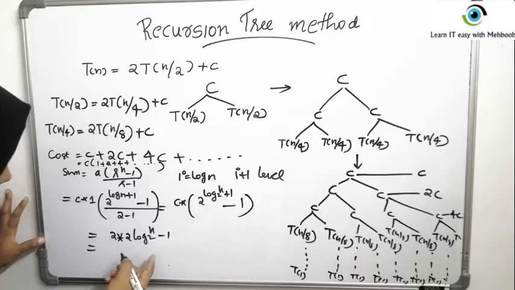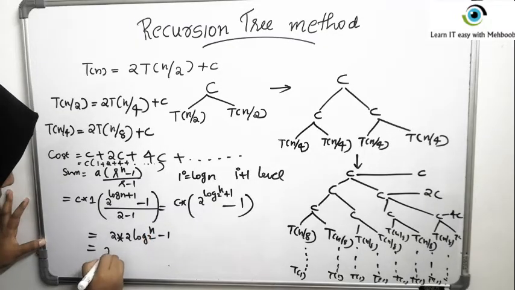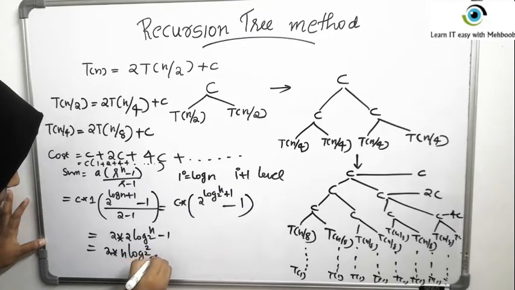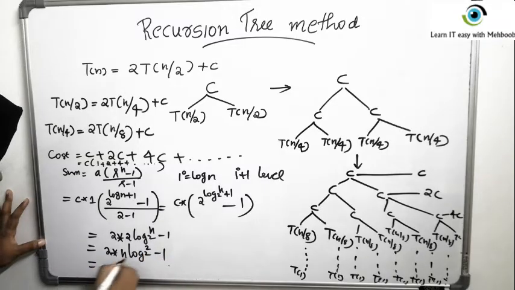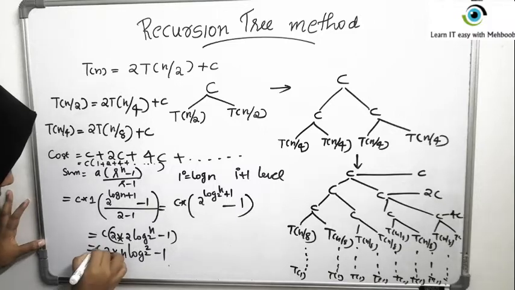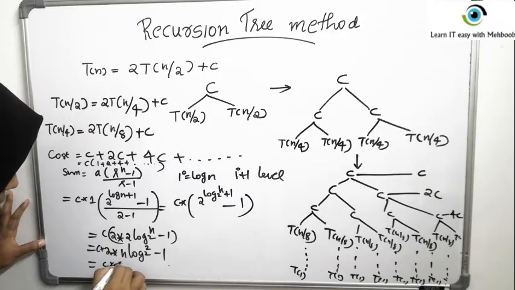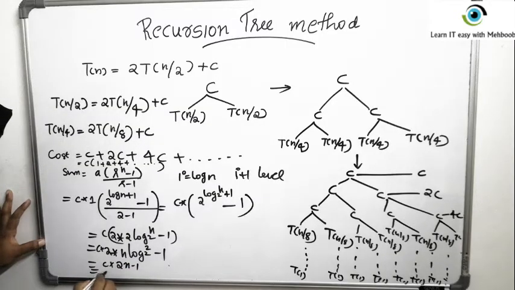So you can rearrange this to 2 into n raised to log 2 to the base 2 minus 1. So you'll get log 2 to the base 2 is 1. So 2 into n, then you have that c. Then you will get c into 2n minus 1. So if you are taking the highest power terms of n, you will get the complexity as order of n. So this is how you find out the complexity.